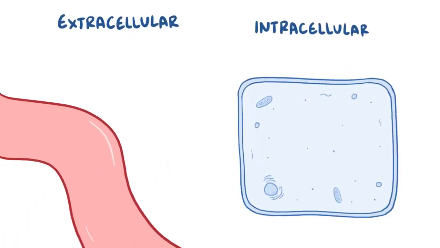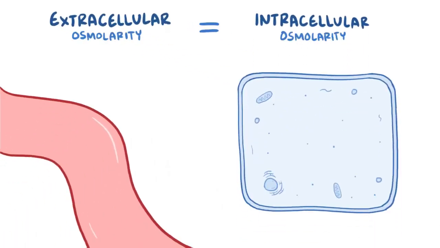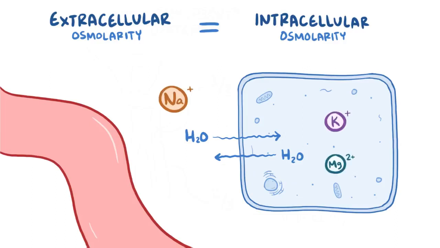Normally, the two compartments have the same osmolarity, which is the total solute concentration, and that lets water move freely between the two spaces. But the exact composition of the solutes differs quite a bit. The most common cation in the extracellular compartment is sodium, whereas in the intracellular compartment it's potassium and magnesium.